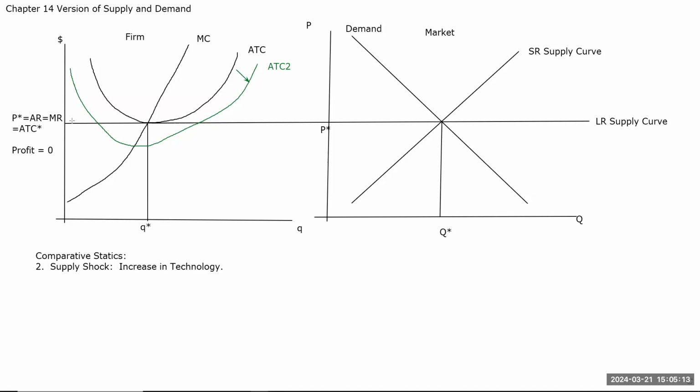At this price, marginal revenue is right here, and at this quantity it hits average total cost down here. That's the new average total cost. So these companies in the short run are making profit.